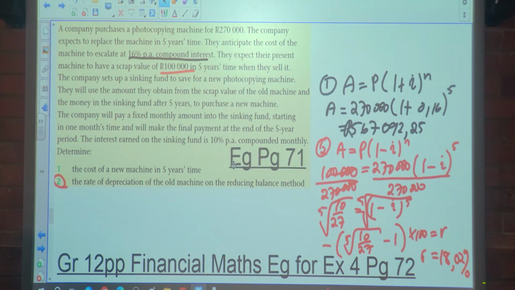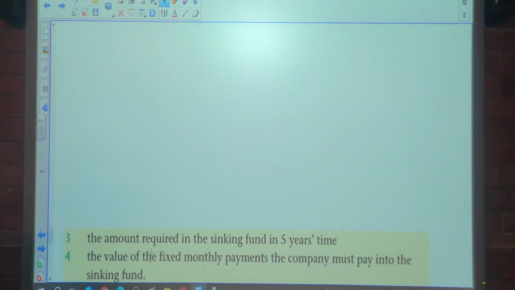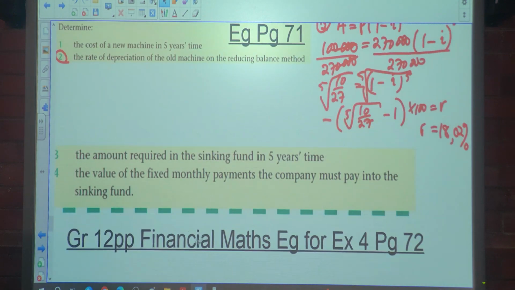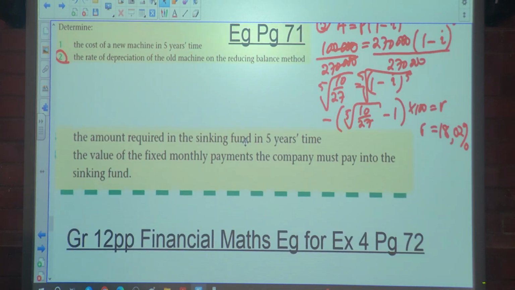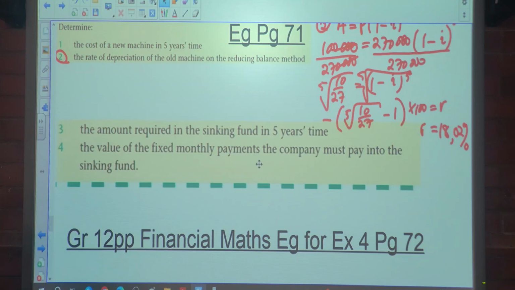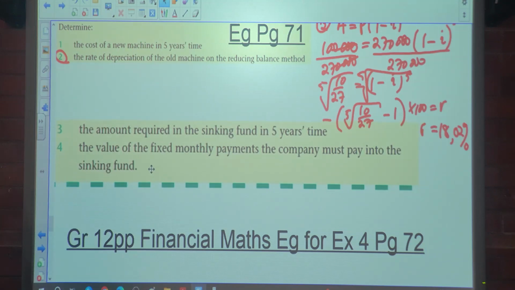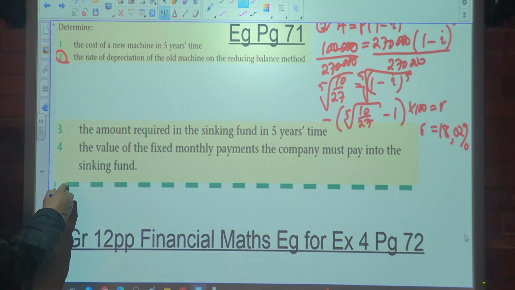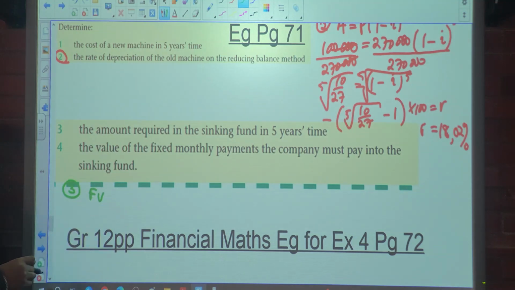Okay, so let's go to the next question. The next question says, determine the amount required in the sinking fund in 5 years' time. So the future value, what do we need to save for?